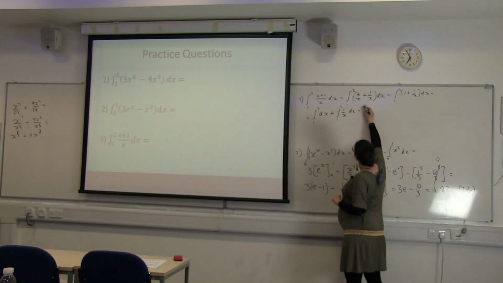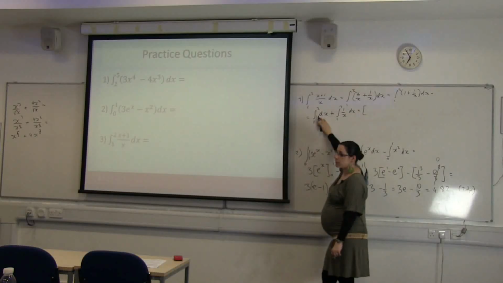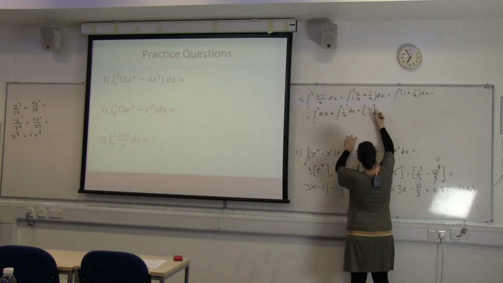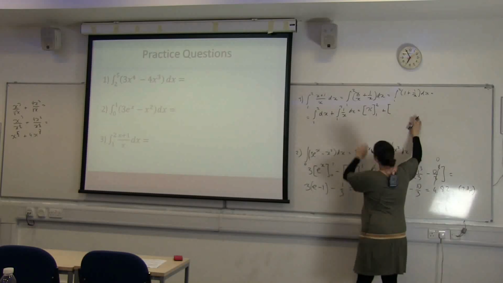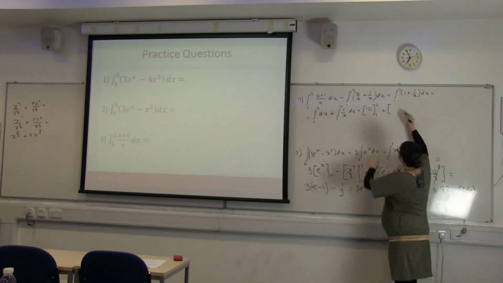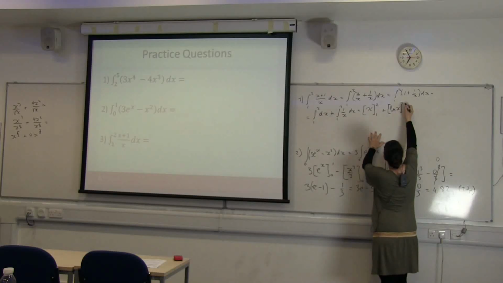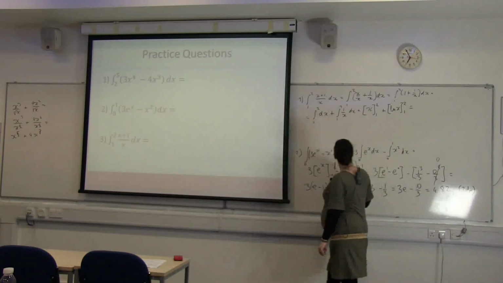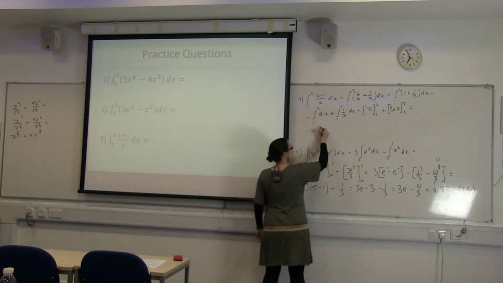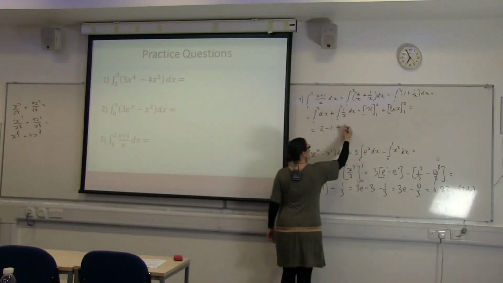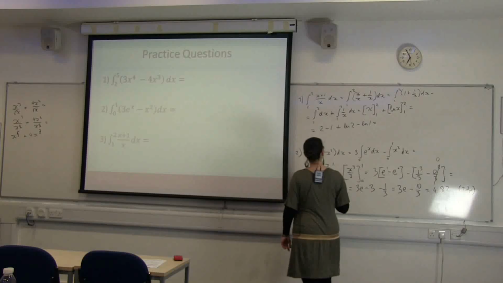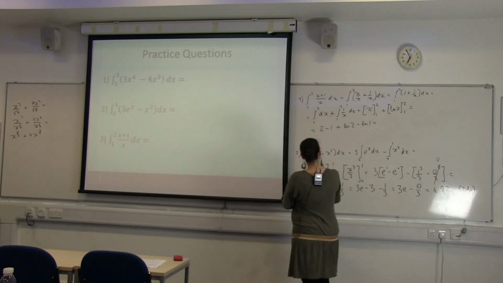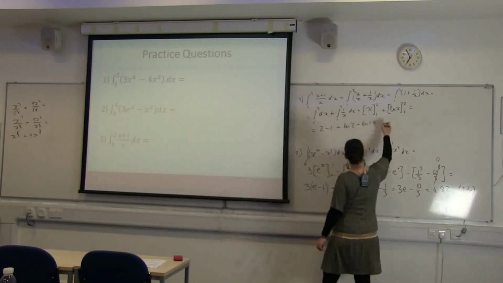Now, what's the integral of 1 dx, or just dx? x itself. That will be evaluated between 2 and 1, plus, what is the integral of 1 over x? ln x again, from 1 to 2. So what I've got here is 2 minus 1 plus ln 2 minus ln 1. 2 minus 1 is 1.